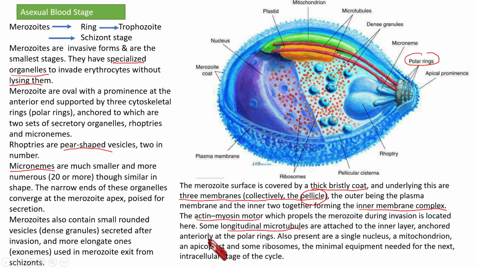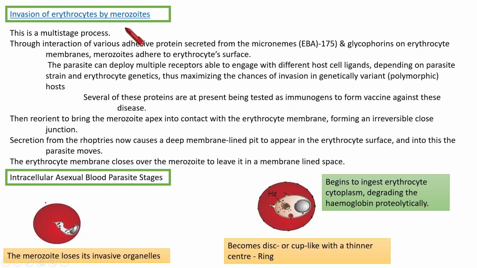Then the apicoplast. The apicoplast is a vestigial plastid that is usually present in some parasite forms. Some ribosomes we can also see. This is the minimal equipment present inside the tiny merozoite that helps it to invade the RBC. Okay. So now we are clear about the detailed structure inside the merozoite.